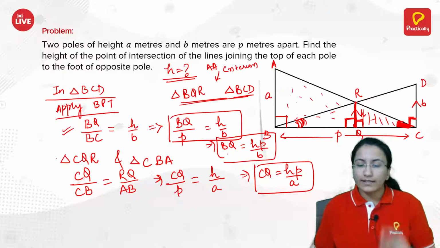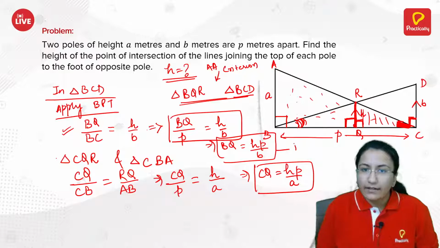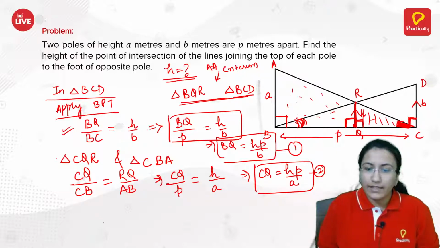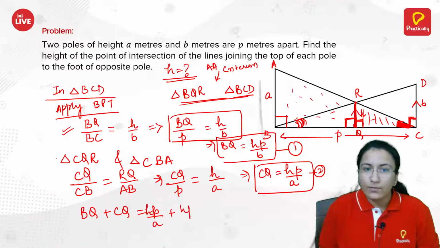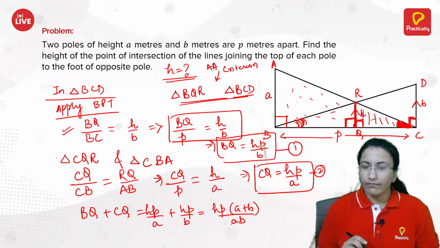Now what next I'll do is I'll add this first and this second equation. I will add both these equations. So you will have BQ plus CQ is equal to HP by A plus HP by B, right? So that will be equal to HP into A plus B by AB, right?